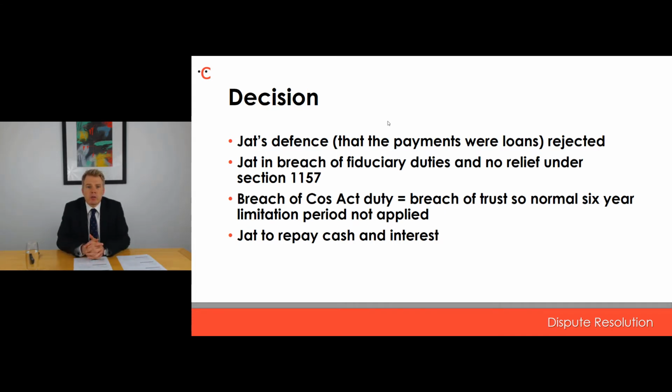Then it got worse for Jat, because these payments had been made in breach of trust, and trust is unusual because the normal 6-year limitation period doesn't apply, and that allowed the two companies that run through Inder to claim for a longer period than the normal 6 years, and all of the payments could be recovered. So the court ordered Jat to repay all of the cash that had been taken and interest on that.